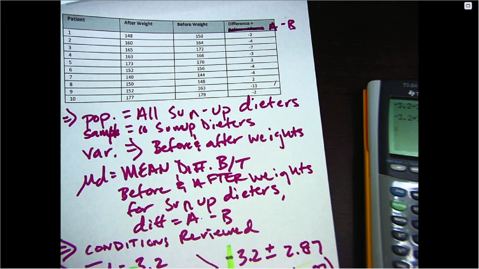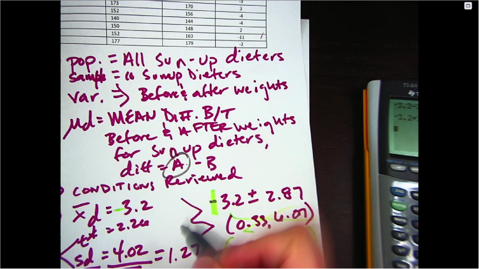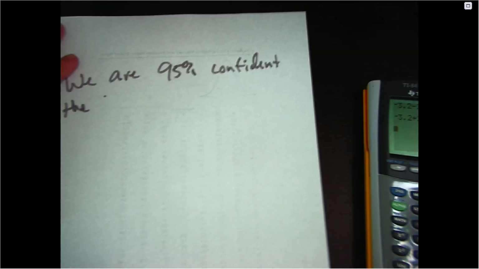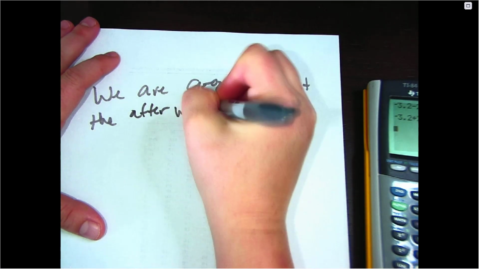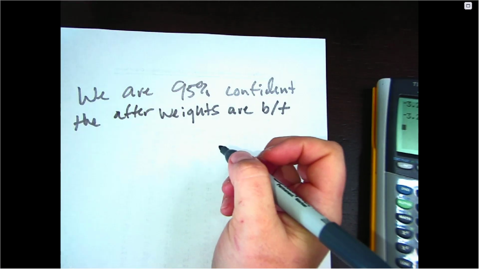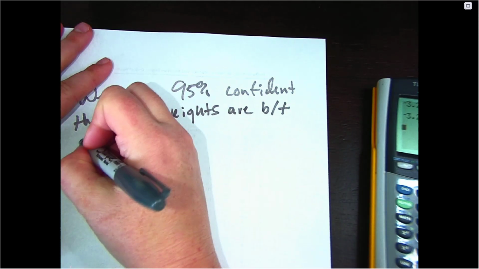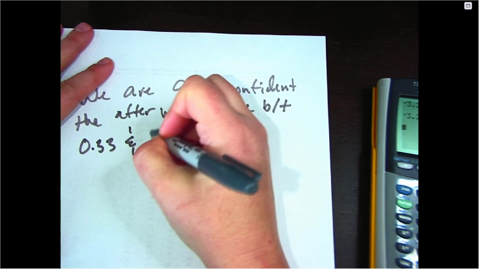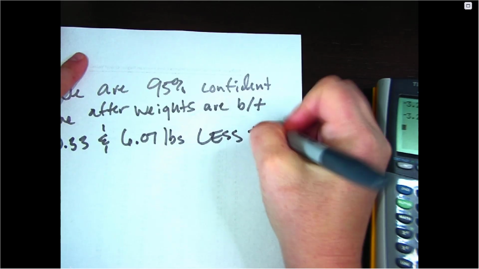Okay, so this is going to be a little bit more complicated. Here, we are going to start with the variable that was coming in first. So we're going to start with after. So we're 95% confident the after weights are between 0.33 and 6.07 lbs less than the before weights for Sun-Up dieters on average.